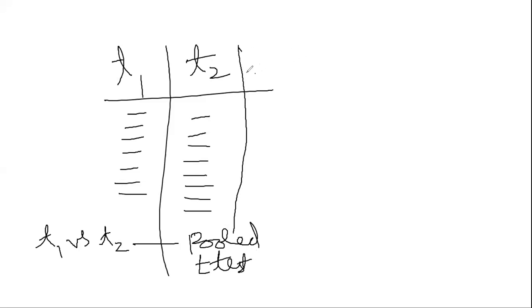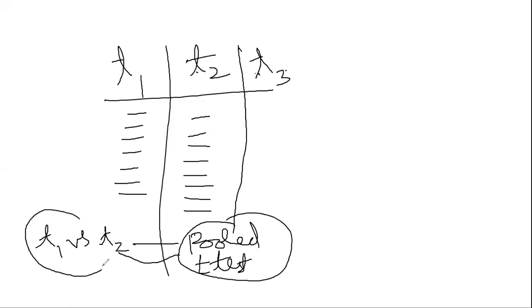Now let's say I have one more additional treatment. We can have more than two, maybe 3, 4, 5, whatever. Let's say I have 3 treatments, T1, T2, T3. In the pooled t-test, we can compare only 2 at a time. So in this experiment, how many times will we have to do a t-test?